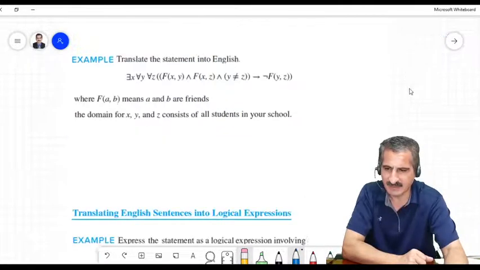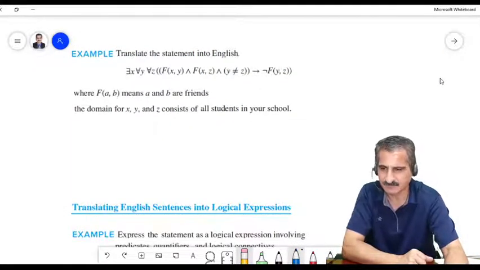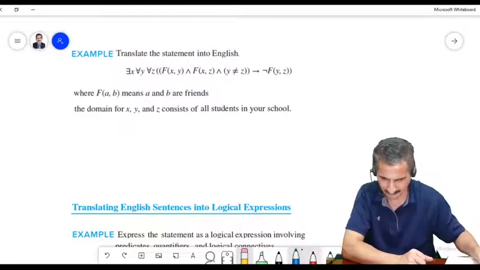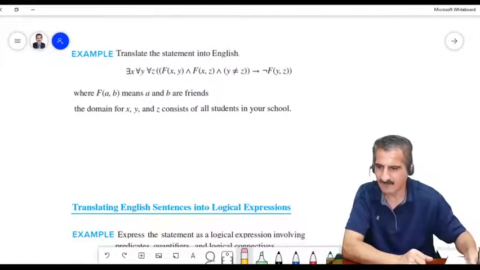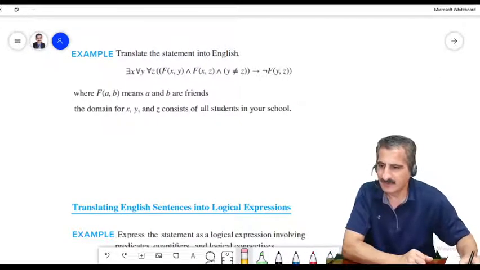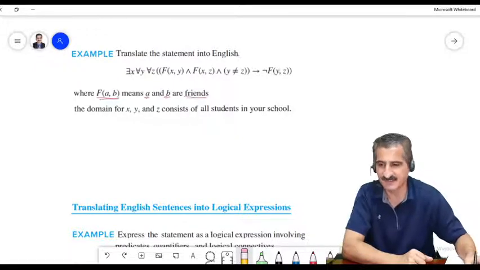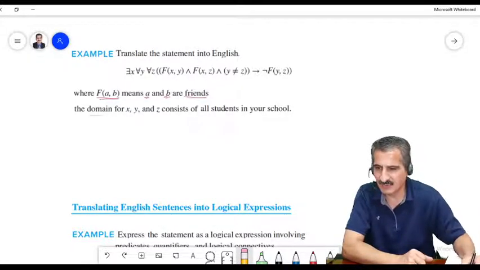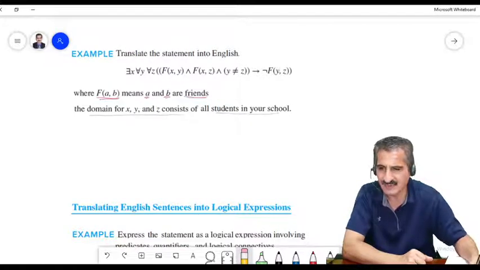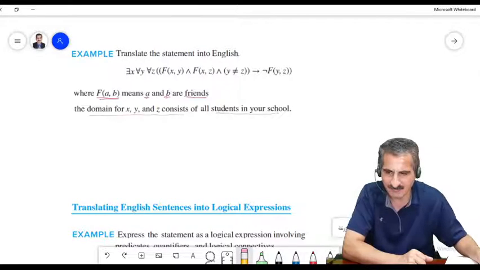Let's look at another example. Okay, F of A B means A and B are friends. And the domain X, Y, Z consists of all students in your school. So let's see what that statement means.